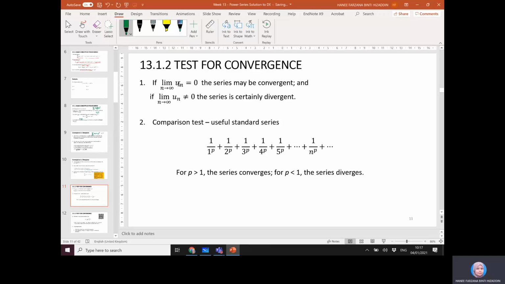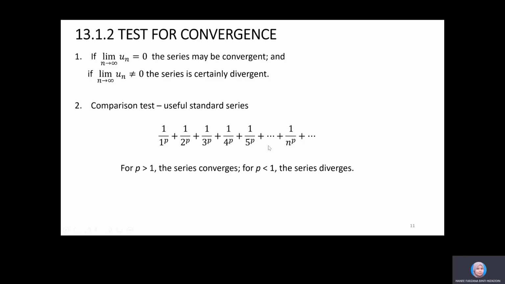If the limit of the series as n approaches infinity is equal to 0, then we can say that the series may be convergent. But if the limit as n approaches infinity is not equal to 0, then the series is certainly divergent. You see that there is no certainty in the first case.